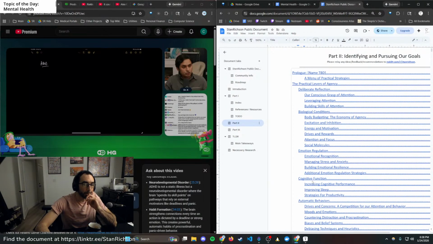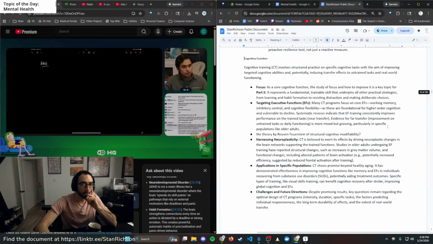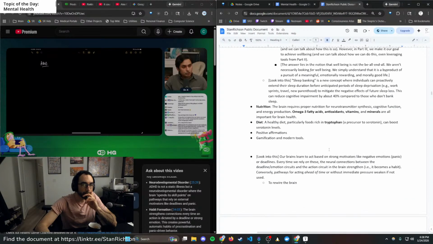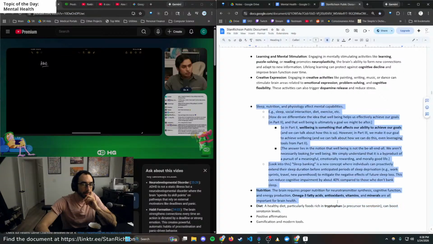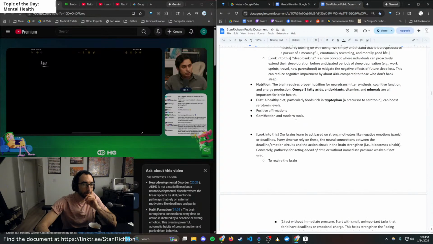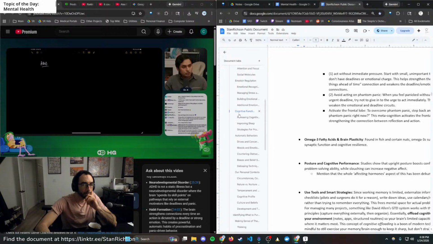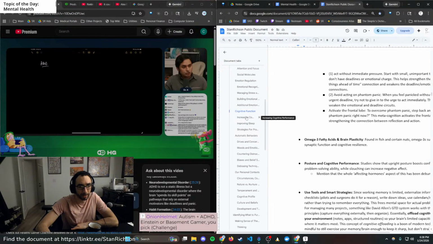I just have this category of cognitive function where I was thinking that we would put things such as, I mean, obviously things that improve cognitive function in general, and then we could also talk about specific issues with cognitive functioning, such as strategies for productivity or how to get out of procrastination, stuff like that, improving sleep, all that stuff.